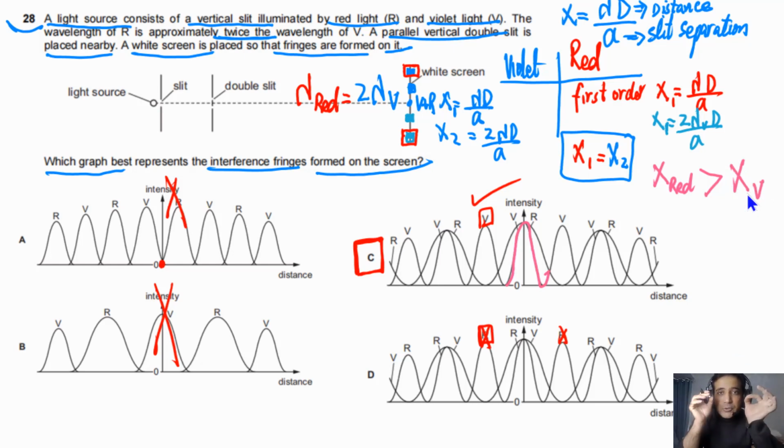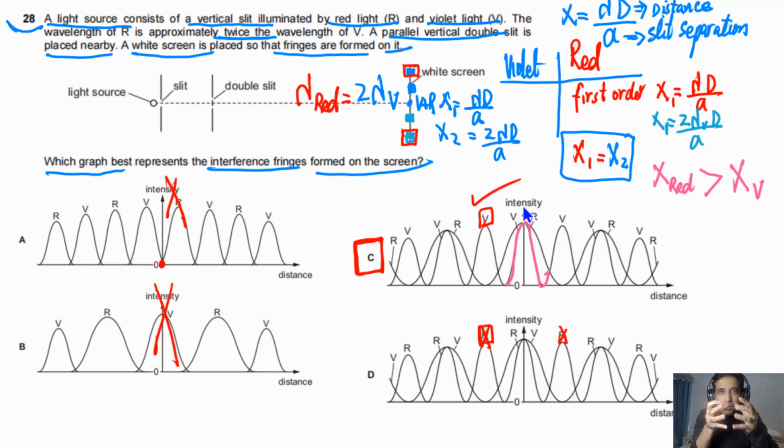It also means that the size of the bright fringes of red is greater than the size of the bright fringes of violet. So that's the reason we see red on the outer side and violet inside.